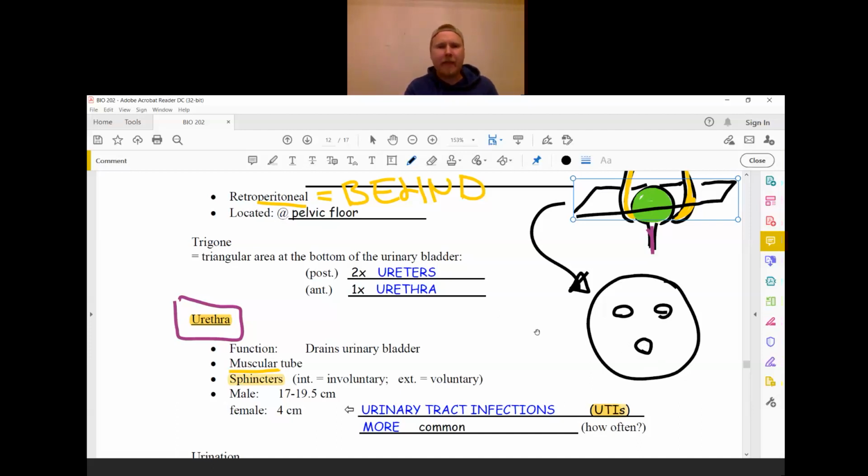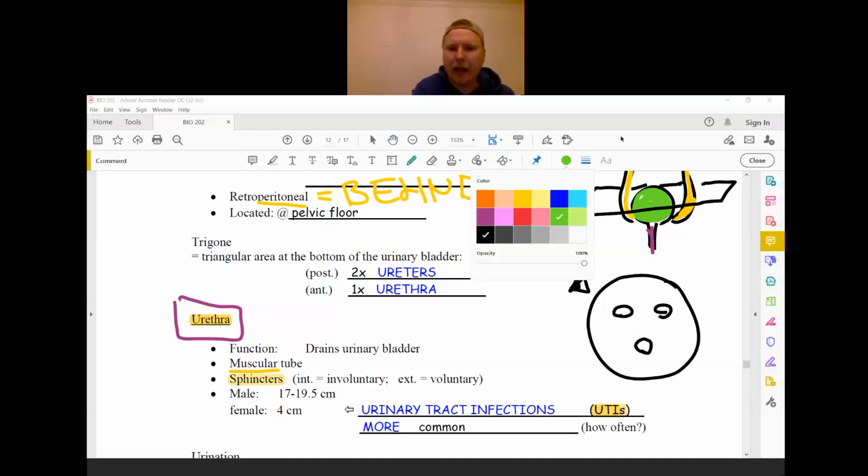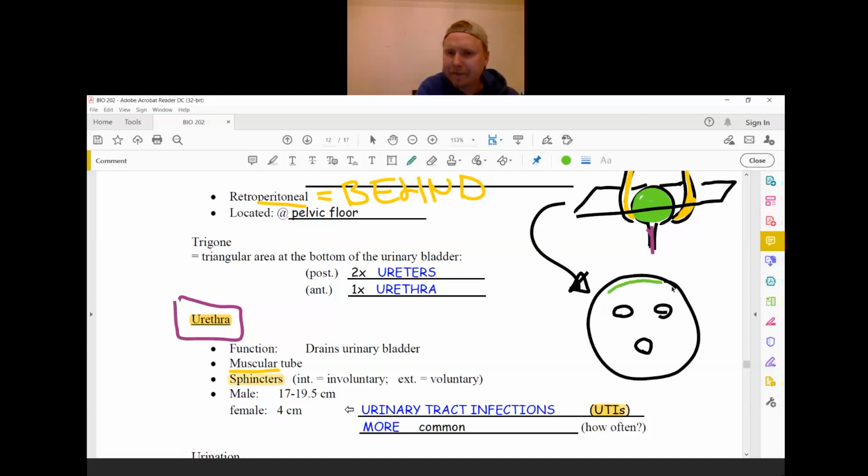For the sake of completeness, let's color in our urinary bladder using the same color coding. So bear with me as I do that. This is all as if we were looking down into the urinary bladder from the top.